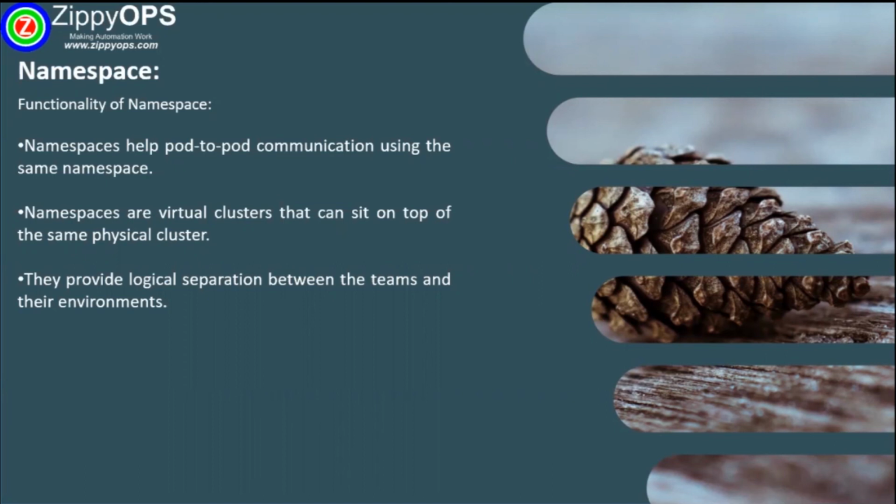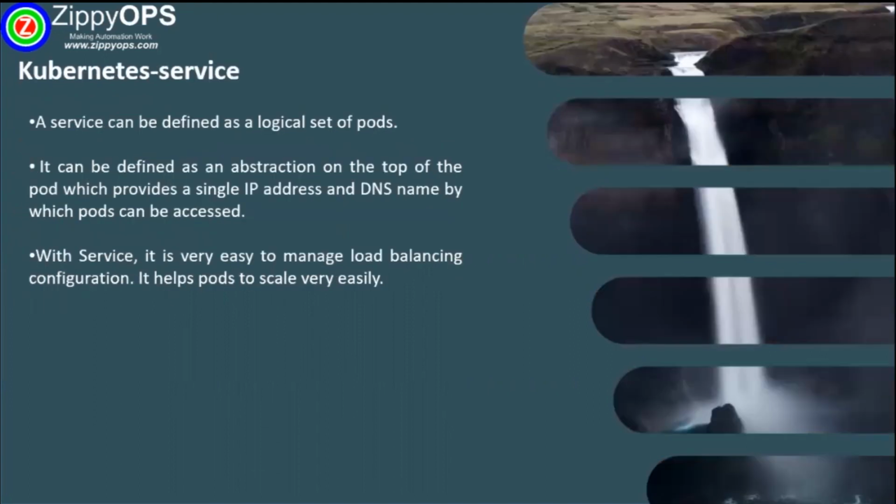I have seen people use a separate namespace for every application, and I have seen applications where they create individual namespaces for each customer. Imagine it's a common application used by 10 customers. For every customer, they will have a separate namespace. These kinds of things are very important, and that is achieved using namespaces.